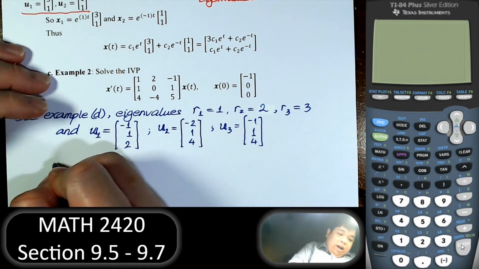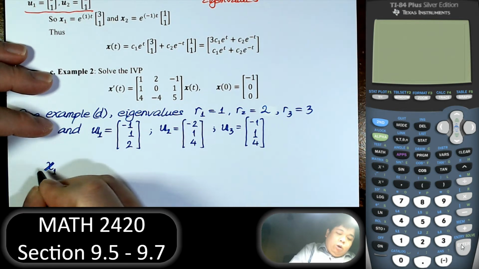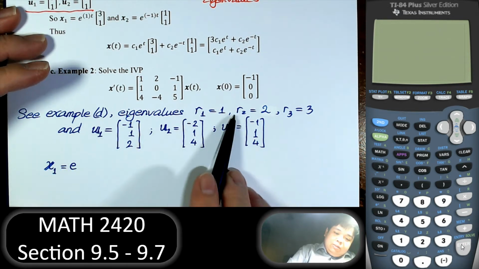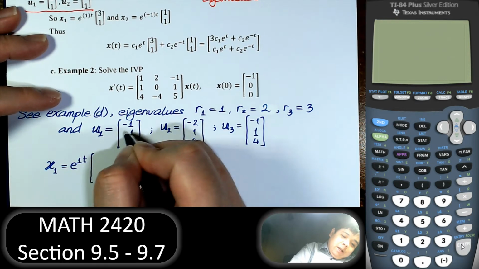So we will have the solution x1. This is a vector, so we're going to have e to the r1 t and then the vector.